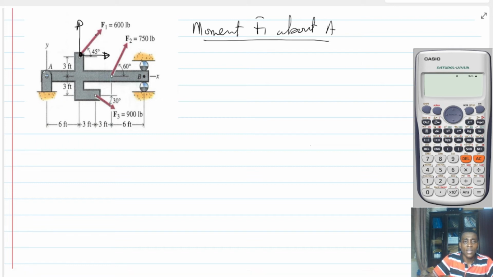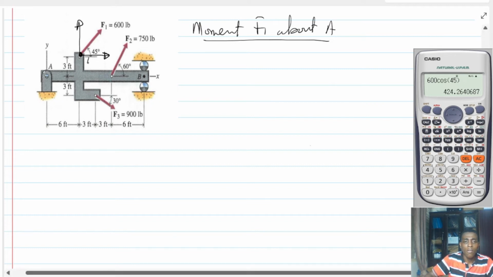So the x component is going to be 600 cosine 45, which is 424.264.